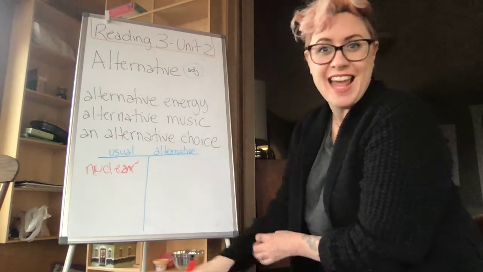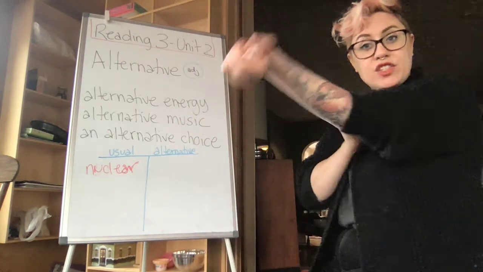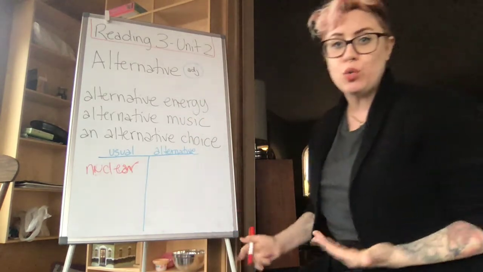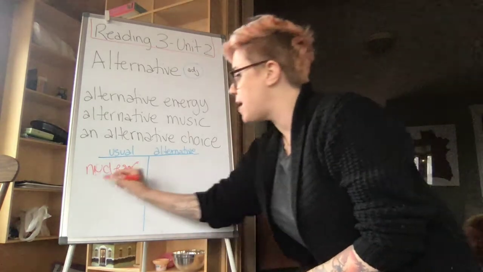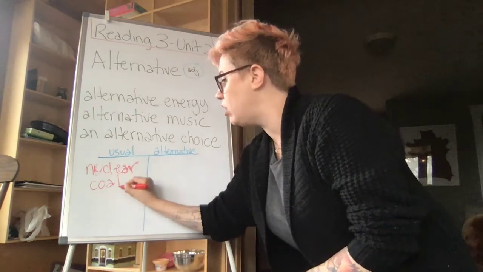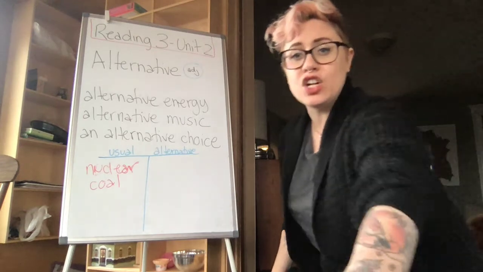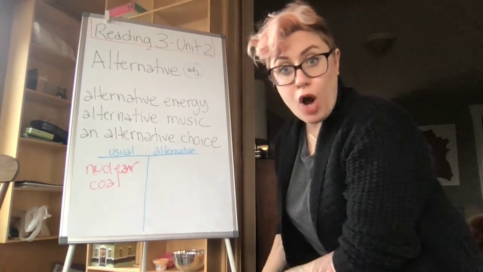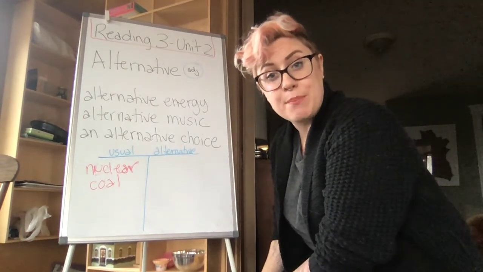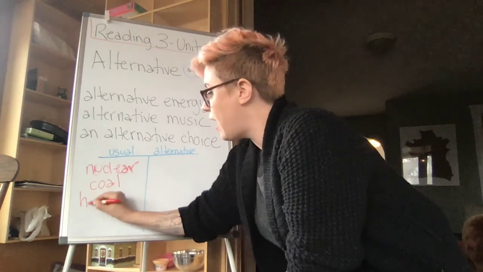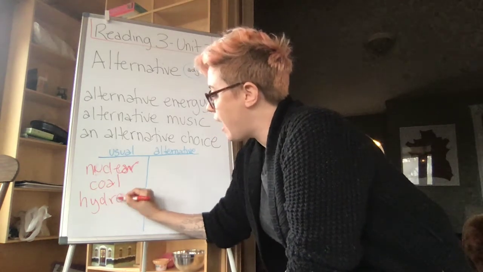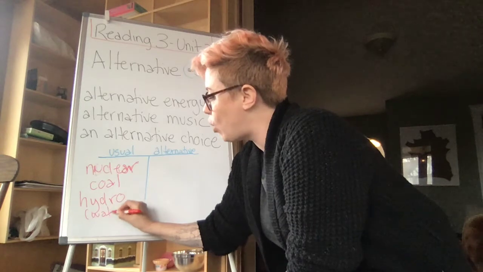Nuclear energy. So that's a really common or usual energy source. For some places, it is coal. Here in Canada, you probably pay a company called London Hydro, and hydro actually means water.